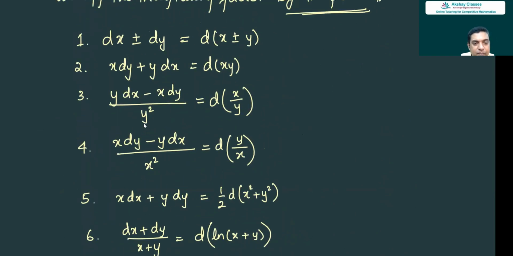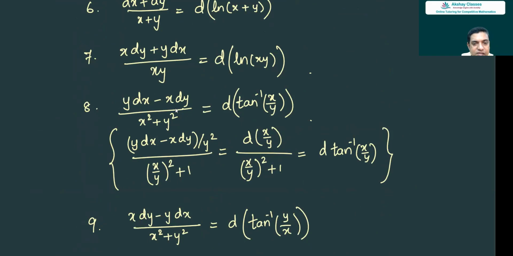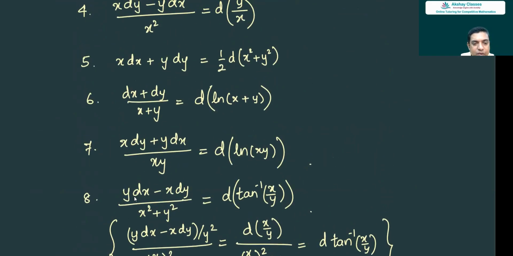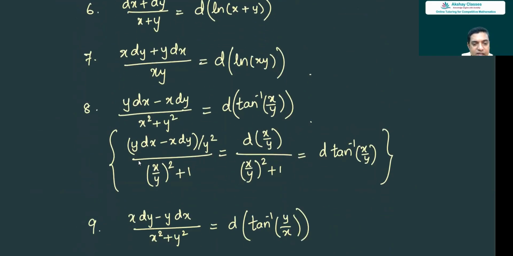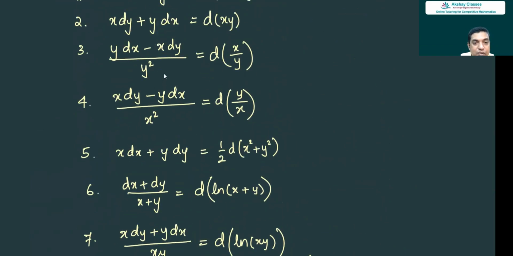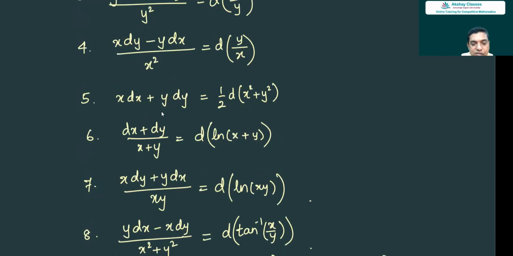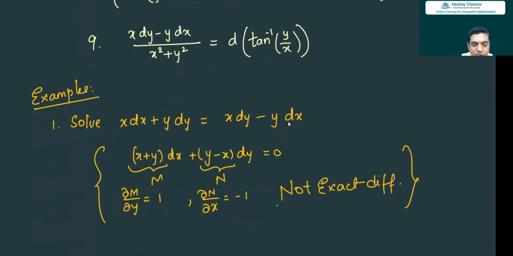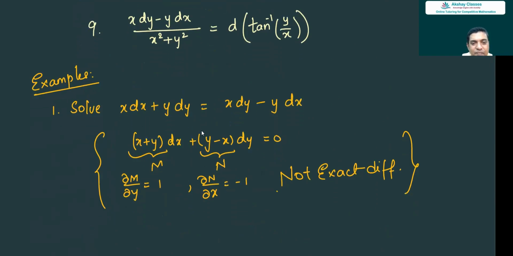But here you see y dx minus x dy, x dy minus y dx. So I have x dy minus y dx. I can divide by y square. If I divide by y square, this will not help me.